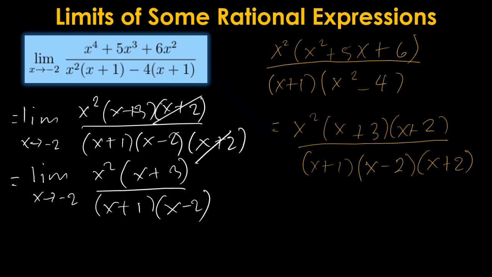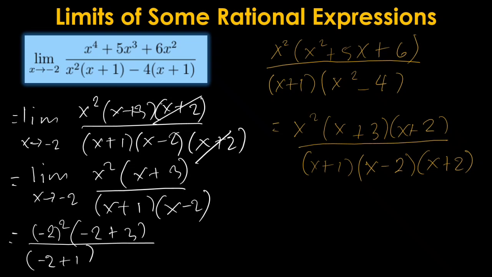Now nothing to cancel anymore, so we can now evaluate by approaching our x to negative 2. This will now be negative 2 squared, negative 2 plus 3. This is negative 2 plus 1, negative 2 minus 2.